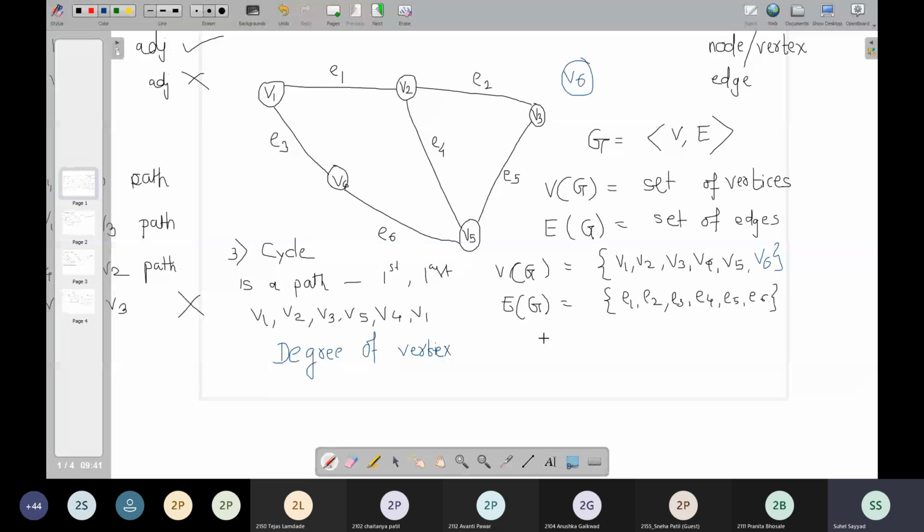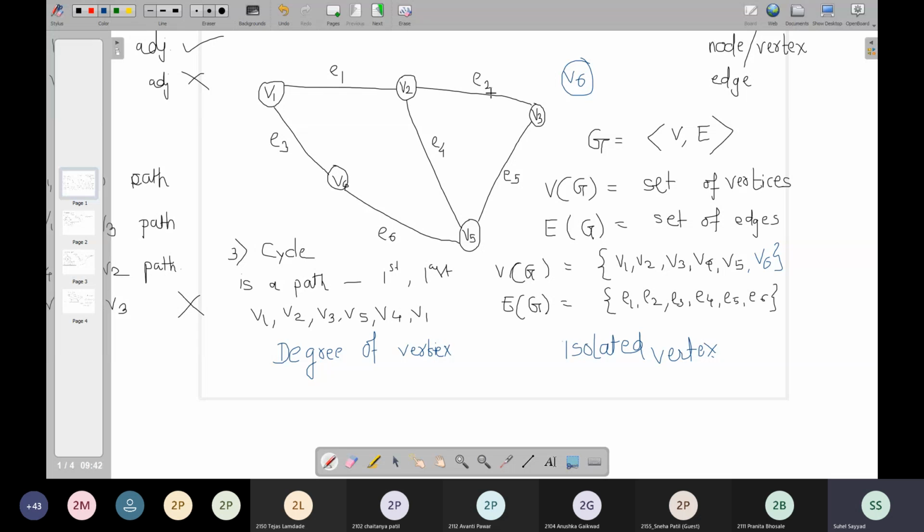So we can claim that this is an isolated vertex. Is the concept of isolated vertex understood? Yes. If the degree of that particular vertex is coming out to be 0, there is no edge associated with that vertex, so we can term that vertex as an isolated vertex.